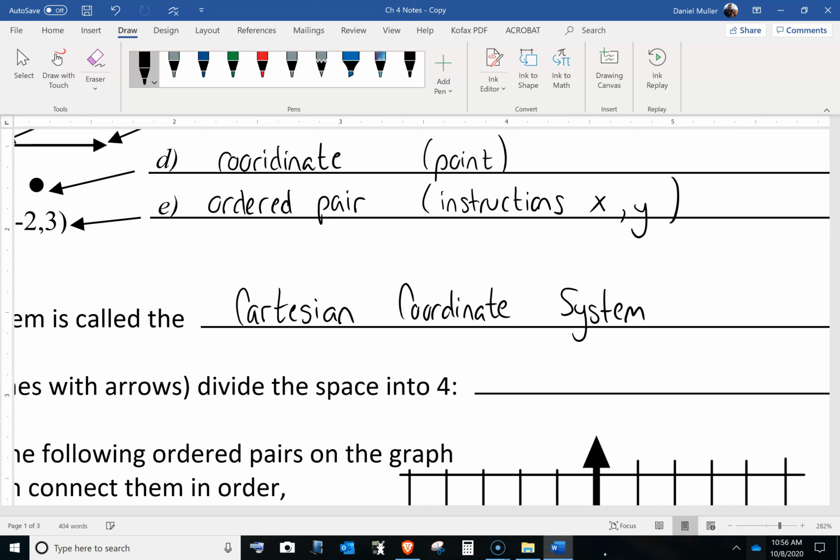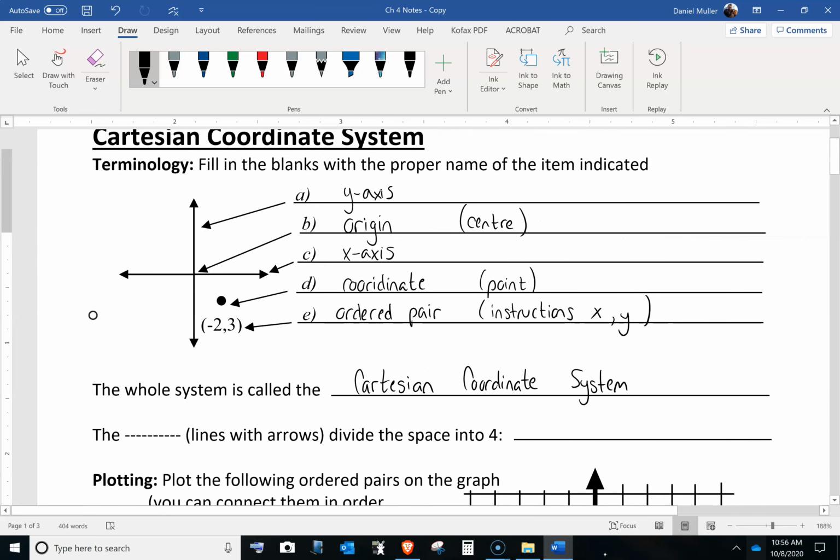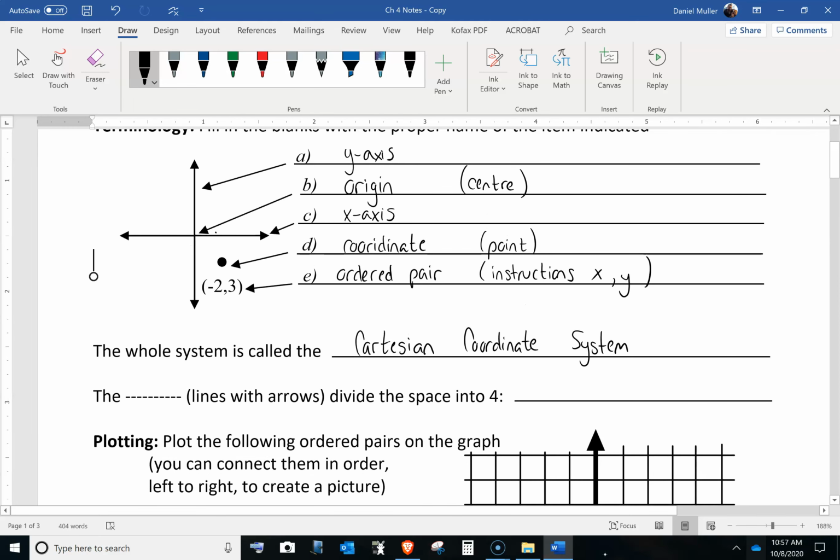So it was invented a long time ago, and it's always with this X and Y axis and some sort of coordinate ordered pair, some sort of point, and we do graphing. These axes divide it into 4 quadrants.